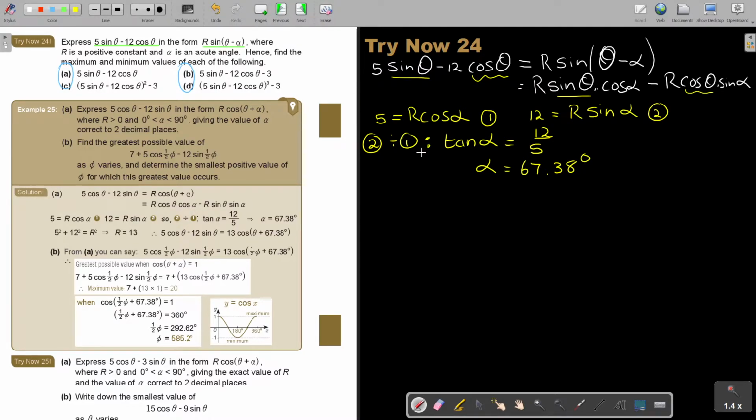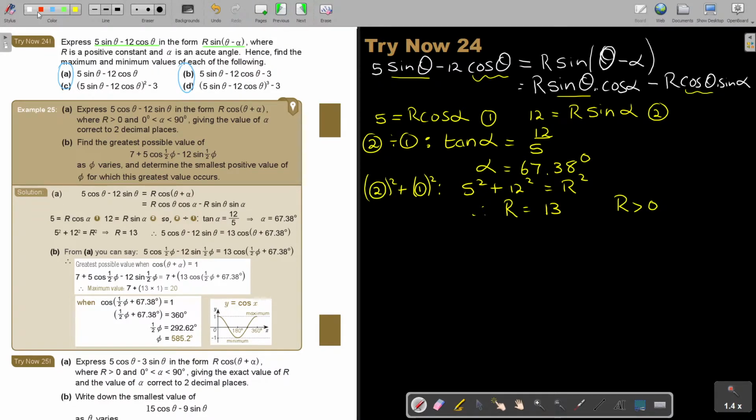Okay, and now don't forget also that I take equation 1 and I square that, and I take equation 2 and I square that, and then I will always get 5 squared plus 12 squared is equal to r squared. So then again, if you simplify that, this is 25 plus 144, which is 169. And if I take the square root, I'm going to get 13 because r must be bigger than 0.